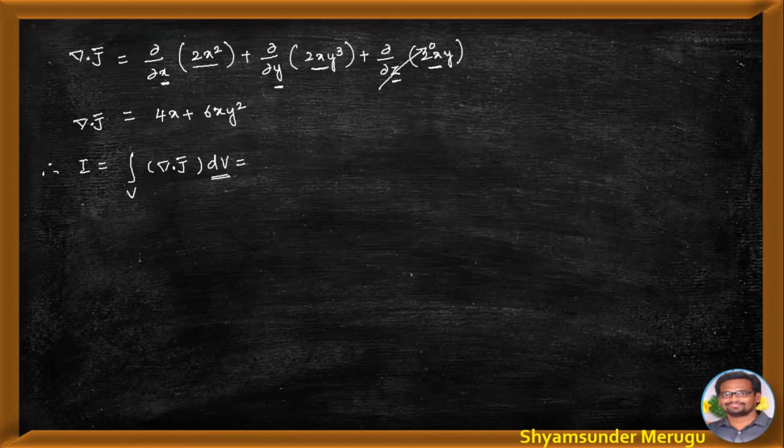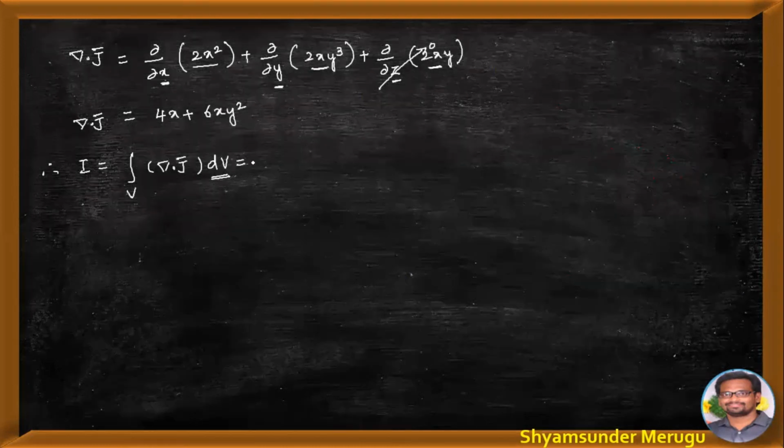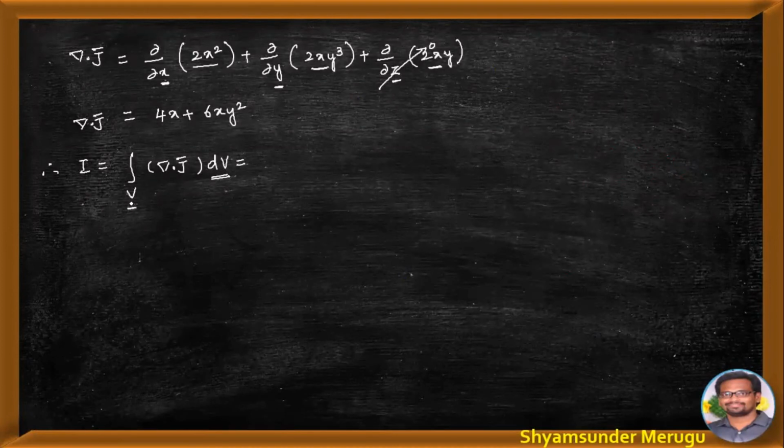So in the Cartesian coordinate system, the volume integral can be written as dx, dy, dz by writing three integrals, one integral for each coordinate, x, y, z, del dot J bar dx, dy, dz.